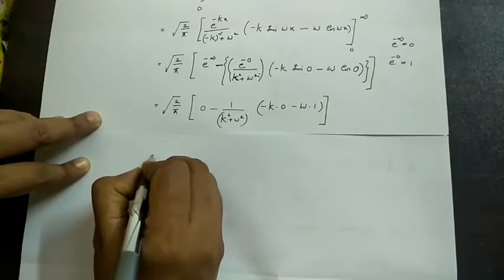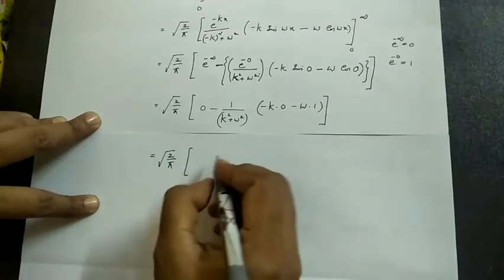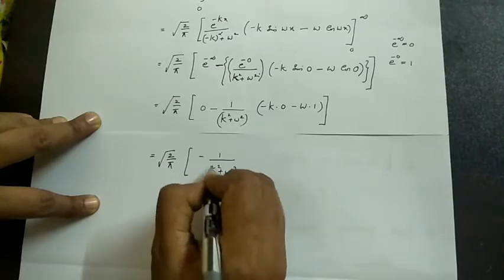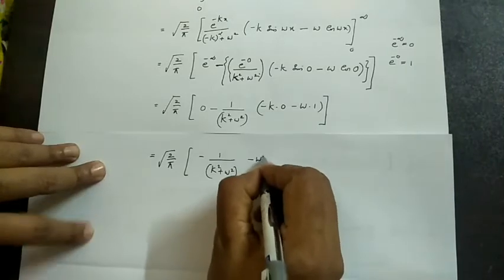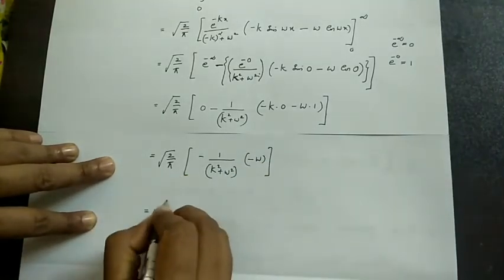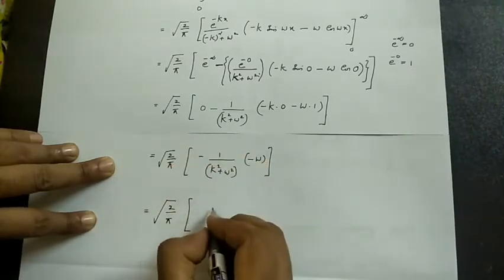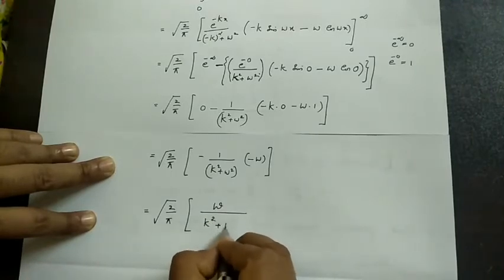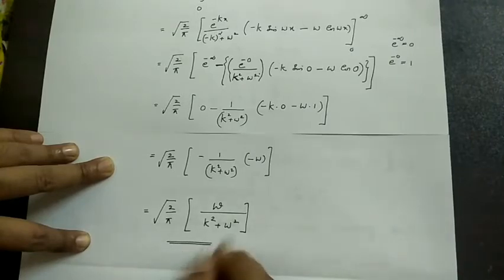That is equal to root 2 by pi into minus 1 by k square plus omega square into minus k into 0, 0, then minus omega, which is equal to root 2 by pi into minus into minus plus, therefore omega by k square plus omega square, that is the final answer.